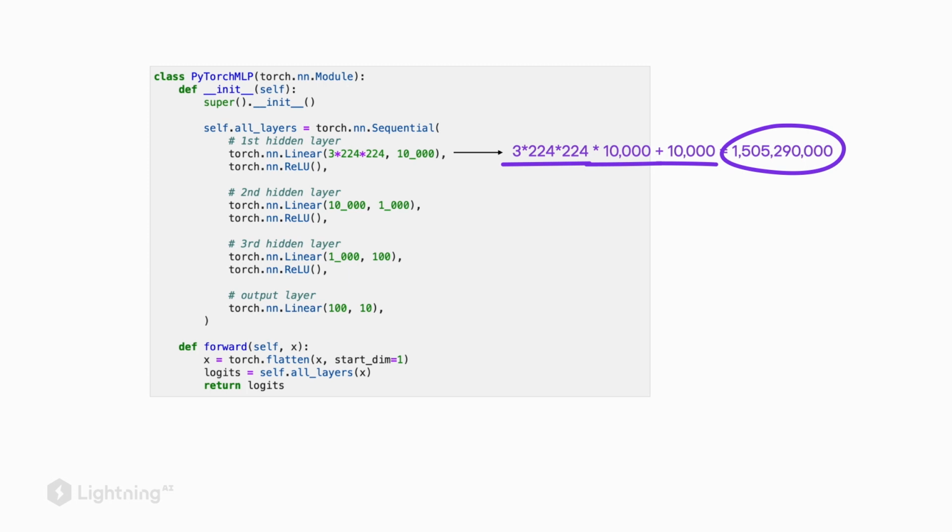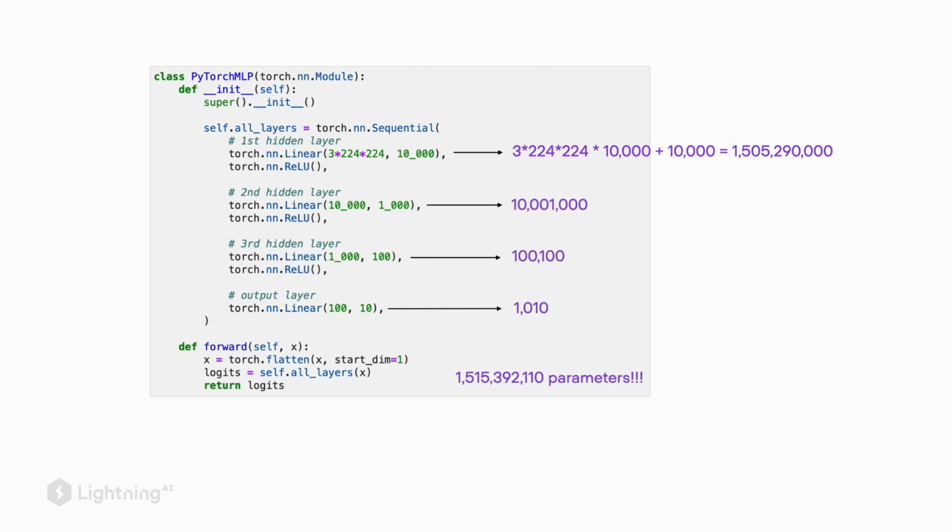Now let's assume the second and the third hidden layer are a little bit smaller: for the second hidden layer we have 10 million parameters, for the third hidden layer we have 100,000 parameters, and for the output layer we have 1000 parameters. So in total, we have a multilayer perceptron architecture with 1.5 billion parameters, and this is a multilayer perceptron to classify 224 × 224 color images.